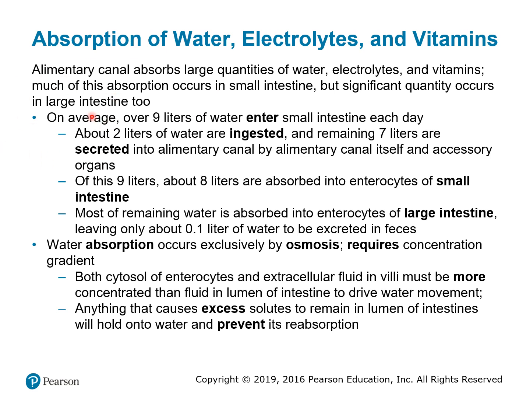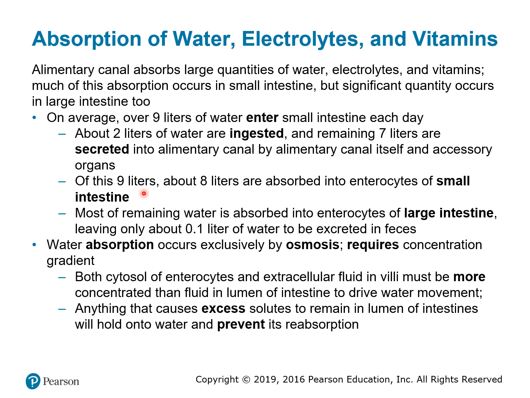Just to give you an idea, on average, 9 liters of water enter the small intestine each day. 2 of them are going to be ingested, but the remaining 7 liters are going to be secreted into the alimentary canal and into the accessory organs as well. So out of these 9 liters, 8 liters are absorbed into the enterocytes of the small intestine.